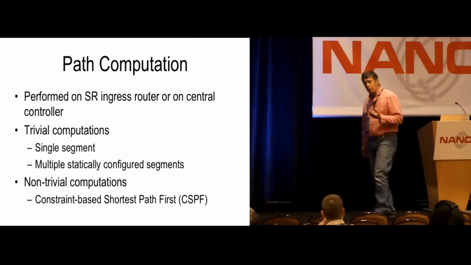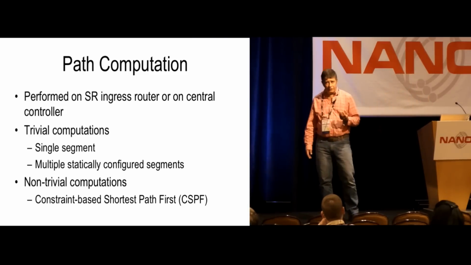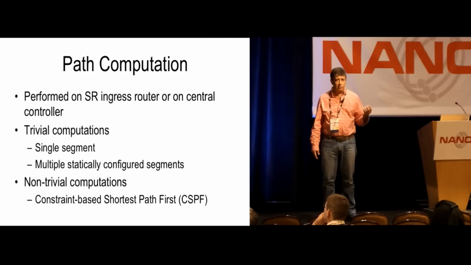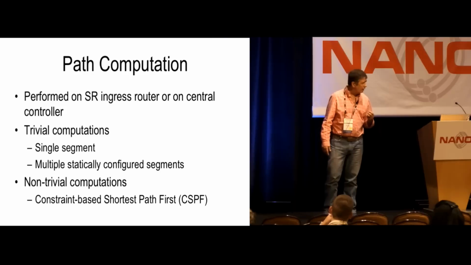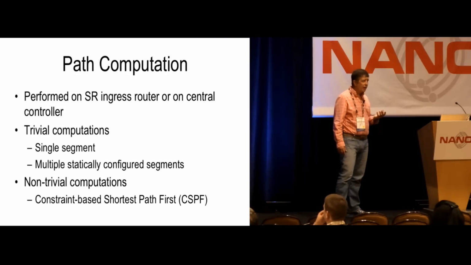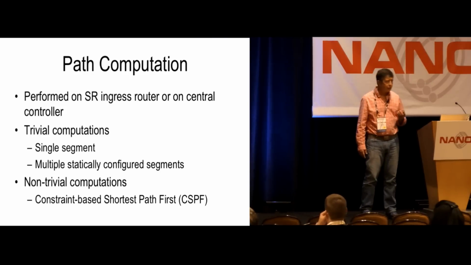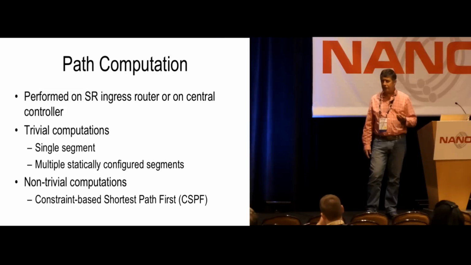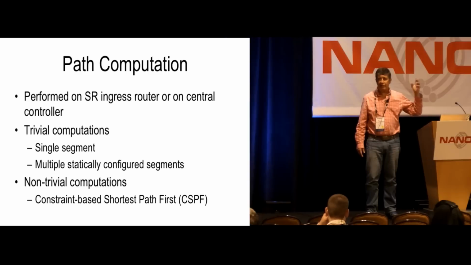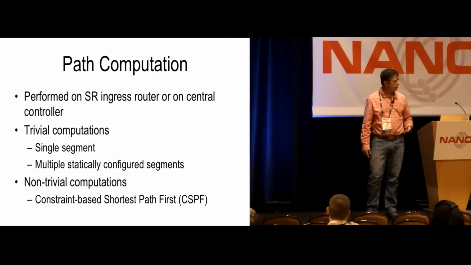You can perform path computation in two places. You can either do it on a central controller or you can do it on the ingress LSR. Now, some path computations are really, really trivial. Remember the second example I put on the board where there was a single label 7 and from every place it brings you to 7?